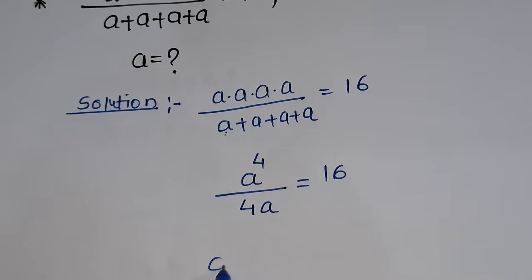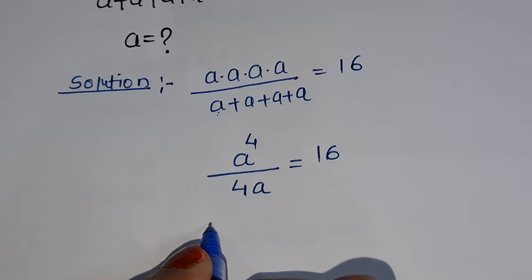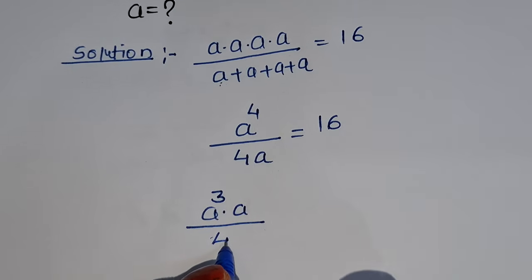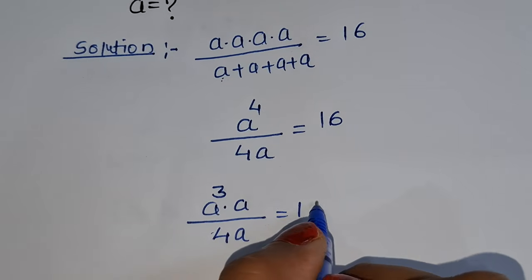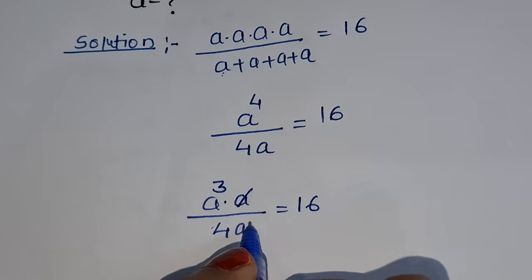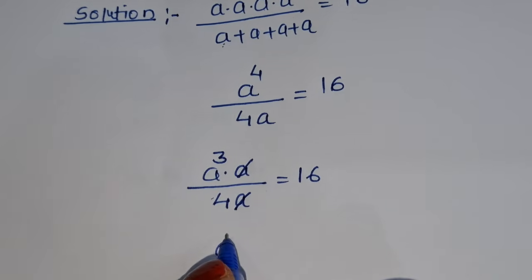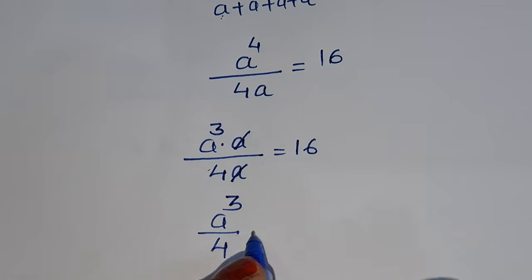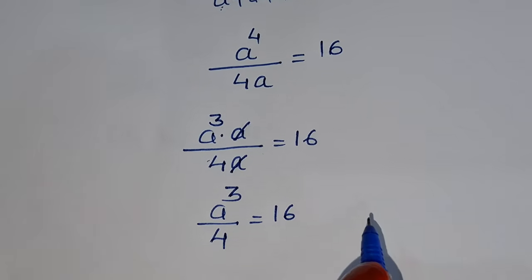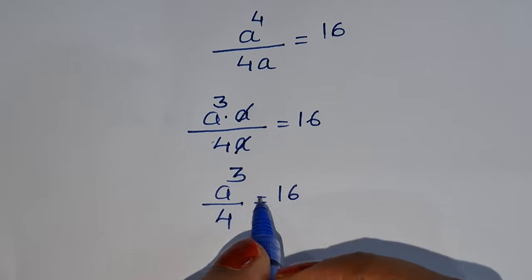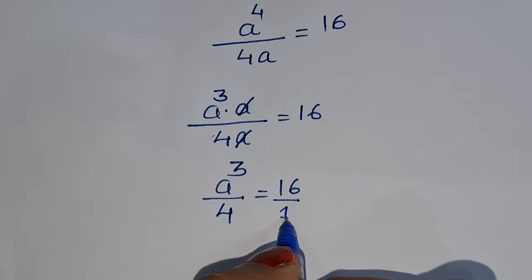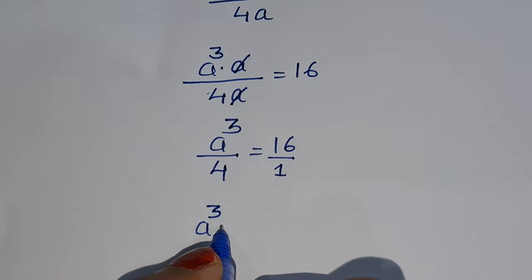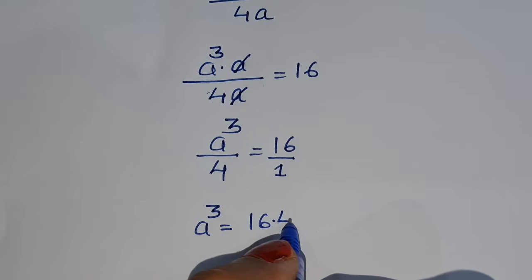Now a power 4 we can write as a power 3 times a, divided by 4a is equal to 16. Now this a is cancelled by this a, so we can write a cube divided by 4 is equal to 16. Now we can do cross multiplication, so a cube is equal to 16 times 4.